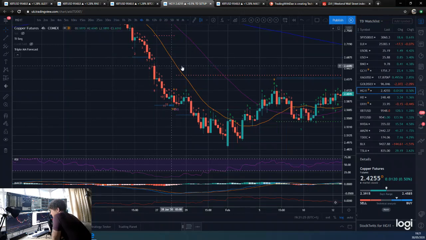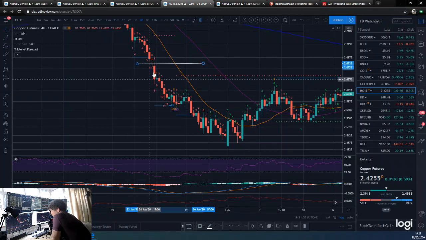So this first 9 here, we'd have a line across here where we'll be potentially looking for an entry, and if we close a candle above this 4-hour, or start trading above this 4-hour, there's two different ways you can do it. You can wait for a 4-hour candle close, or you can wait for us just to trade above this candle, then you could enter a trade. But you can see we don't get one, so there's no trade there.